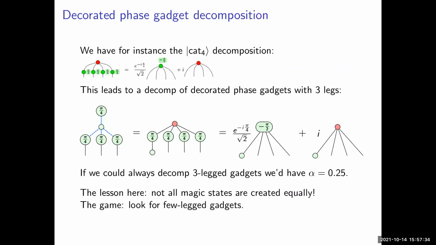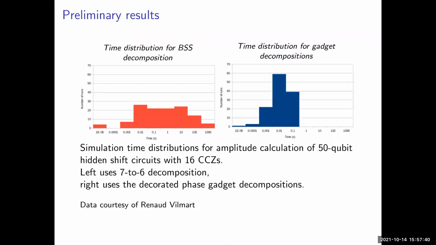So Renaud ran some early experiments using these sort of improved decompositions. So these are sort of the preliminary results on that. So these are the time for simulation of our method, so the method I was talking about for the talk. And then this is using the improved decompositions. And so this is the time distribution for simulation for 50-qubit hidden shift circuits, which have all 16 CCZs.